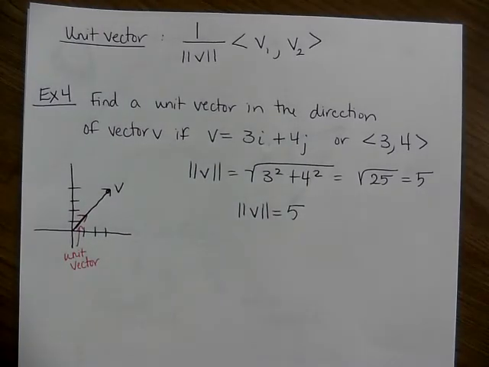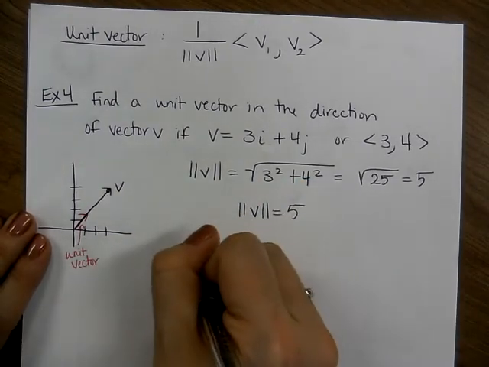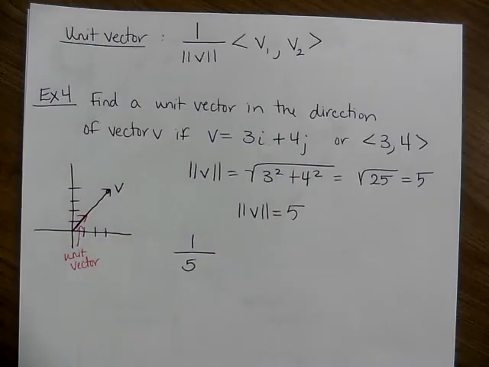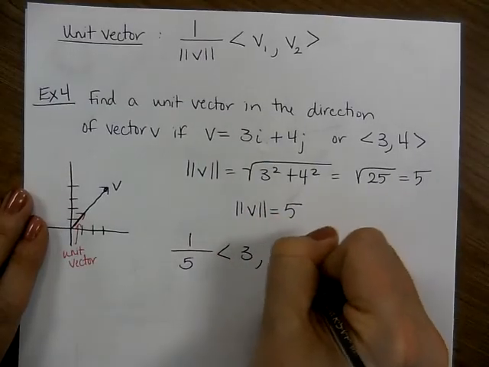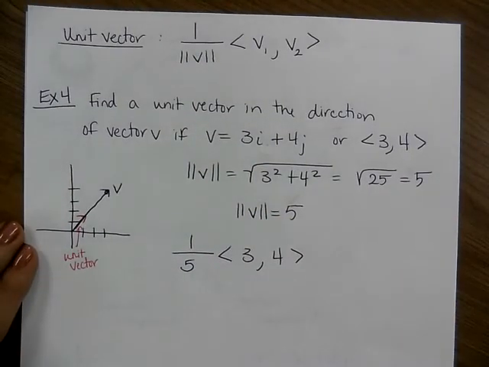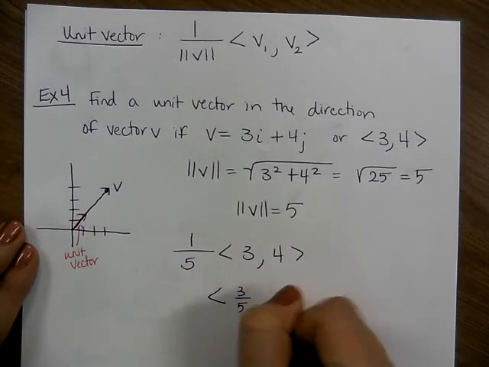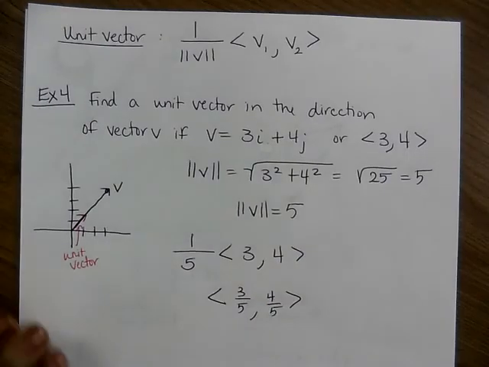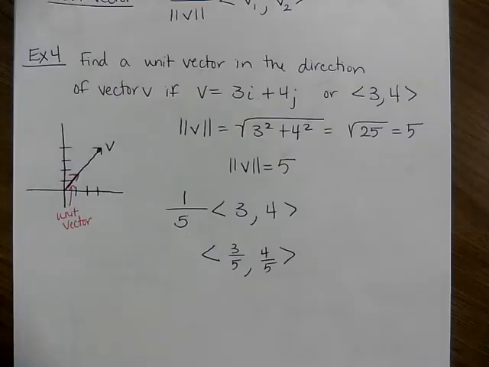In order to find the unit vector, to force that distance of 1, you're going to take 1 over the magnitude of V. So we're going to take 1/5, because don't we want 1/5 of the length? And we're going to multiply it through as a scalar of <3, 4>. So when you distribute, you have 3/5 and 4/5. So the unit vector for V is <3/5, 4/5>.